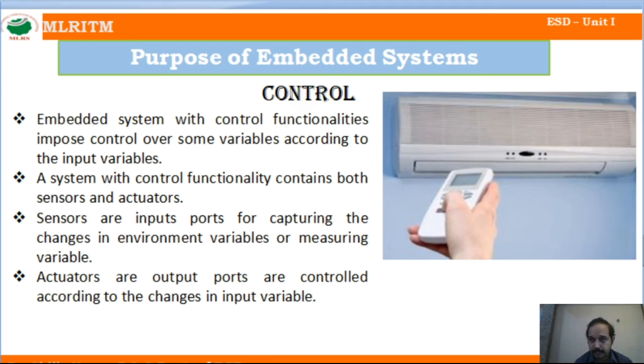If it is greater than the given value, it will give a signal to the compressor. A compressor relay or some driver will be there, so that is an actuator. It will perform some operation and give some output. So this is all about controlling. We can use embedded systems for controlling devices.